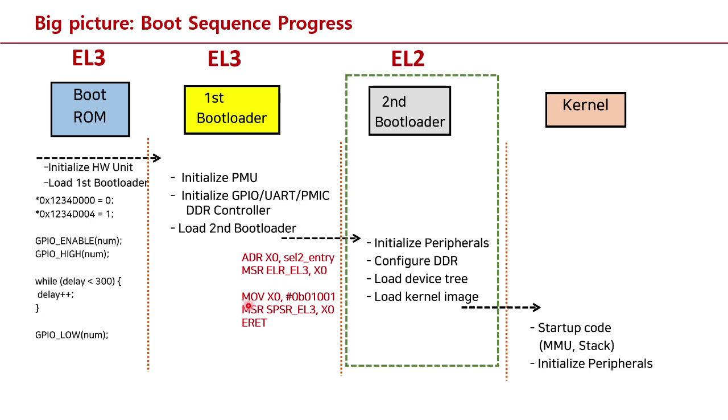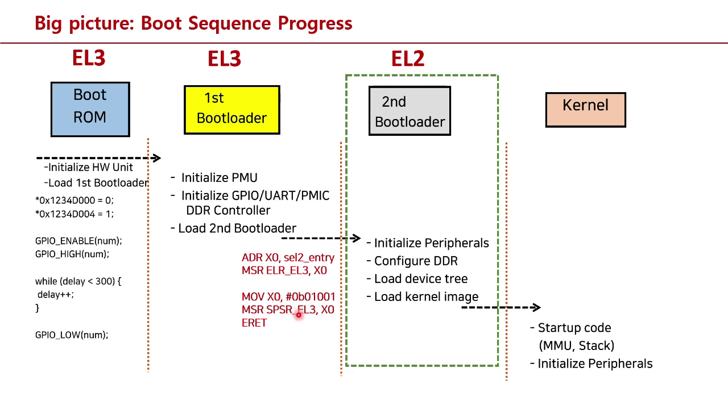And then here is another assembly instruction, the move instruction. So this binary value is copied to the X register. The important point is that the binary value represents exception level 2.